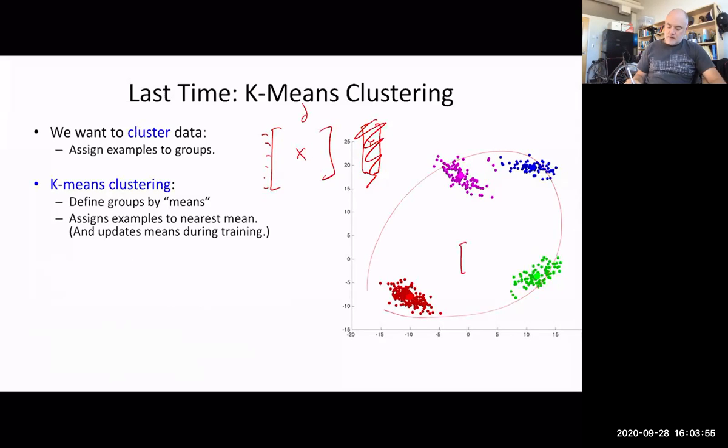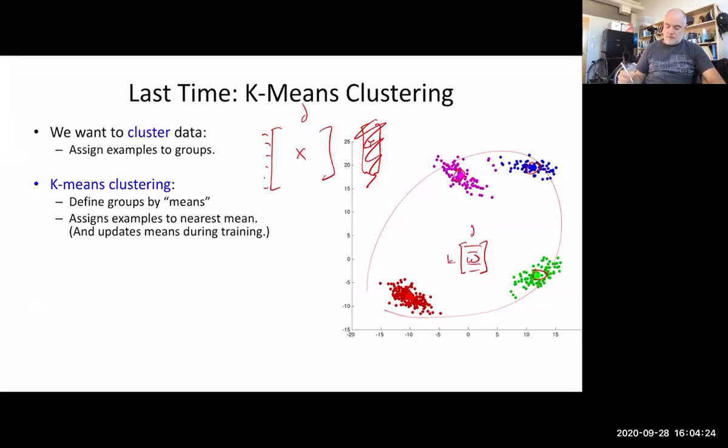So we have this W matrix, which was k by d, which had the means of each of the clusters. And there was an algorithm that assigned examples to the nearest mean and updates means during the training, and so forth, such that some set of, in this case, 4 means is computed. And that is the parametric model, which is k-means clustering, right?